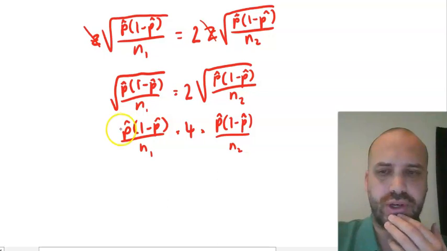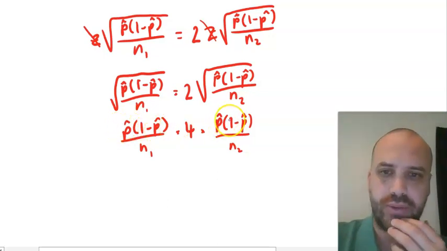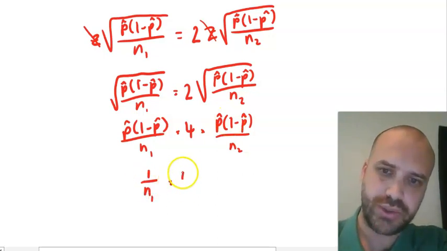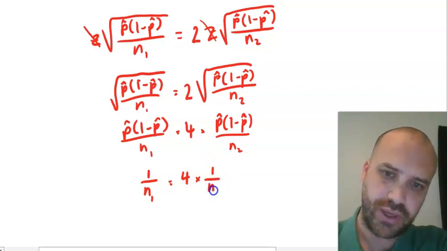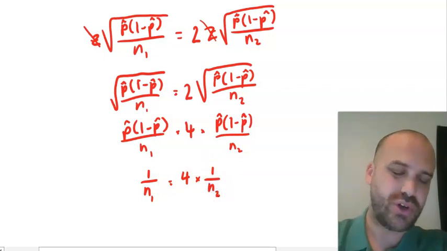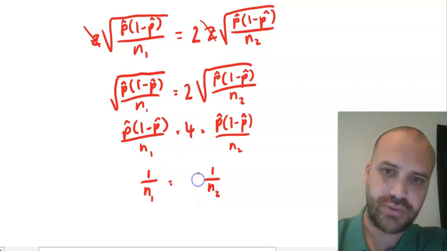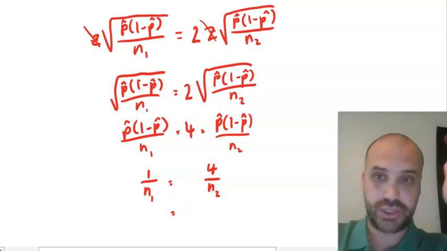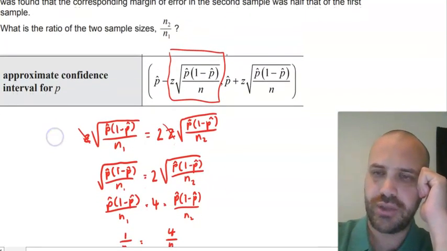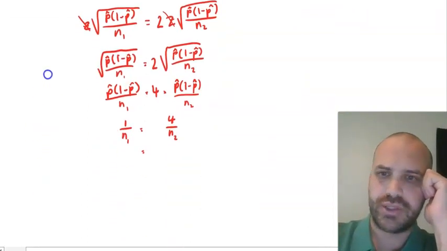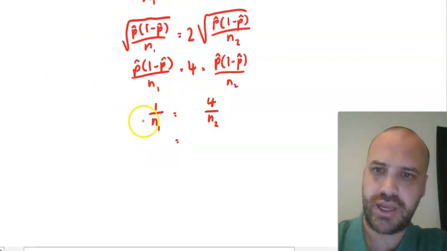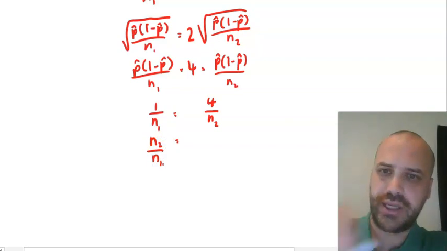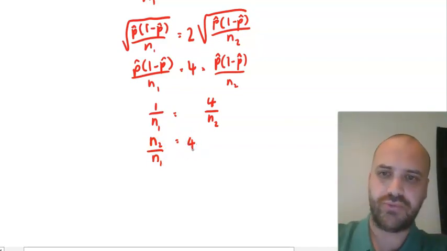If I divide both sides by p(1 minus p), I'm just going to have 1 over n1 equals 4 times 1 over n2. And of course, 4 times 1 over n2 is just 4 over n2. Okay, and the question was, what is the ratio between n2 over n1? So, if I get n2 over n1 over here, n2 over n1, I get an answer of 4.